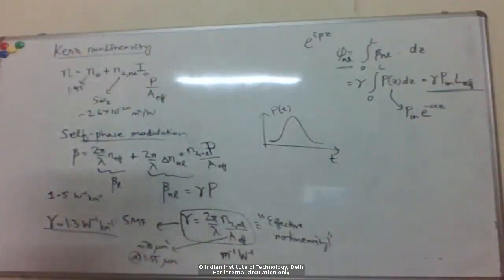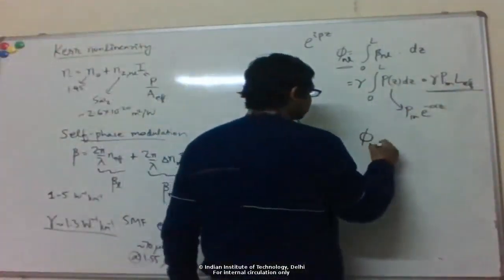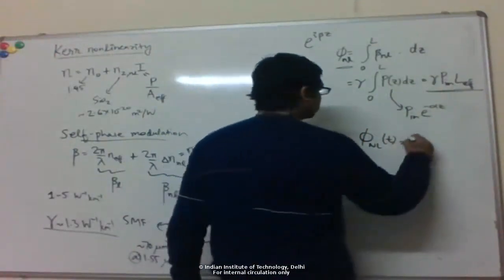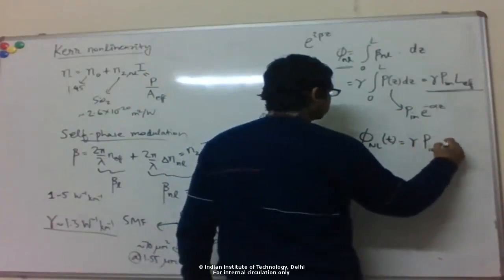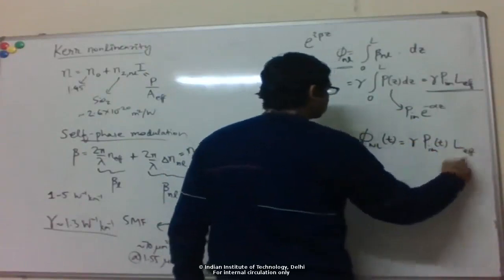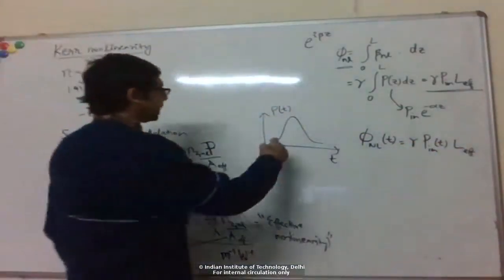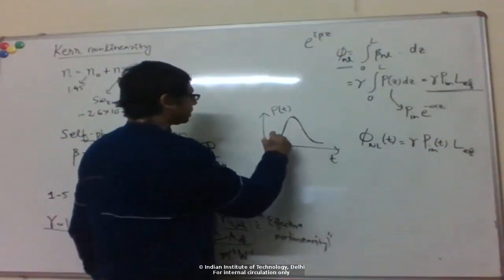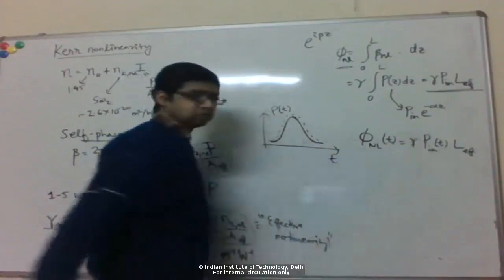So this P is a function of time, which means the nonlinear phase is also a function of time. So as the power is varying through the pulse, the phase shift imparted at different points on the pulse will be different.